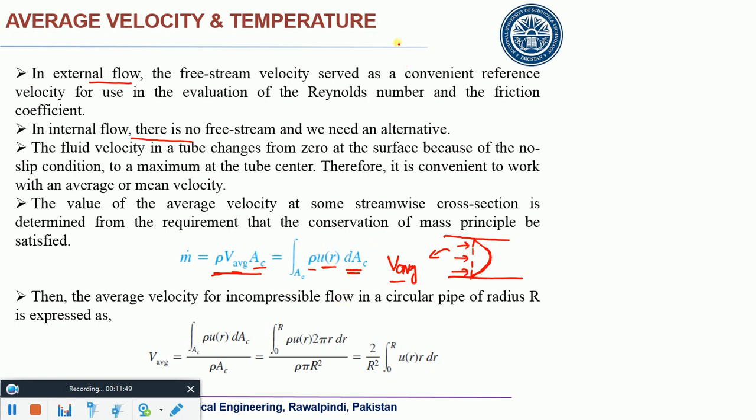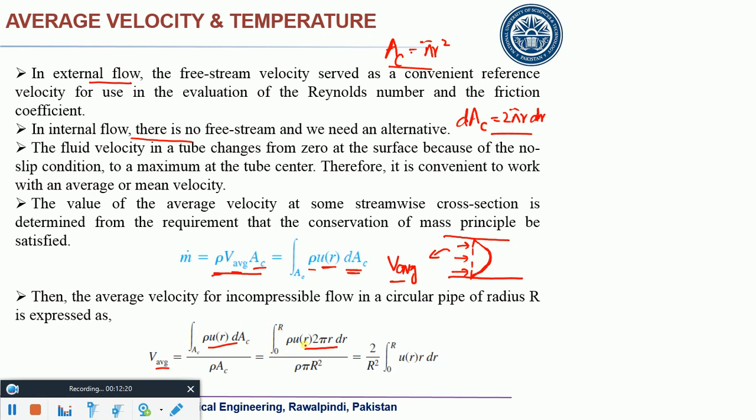And how can you write this Ac? Ac is equal to what? Pi r square. So what would be dAc? You just take the differential, this would be equal to 2 pi r dr. So you just replace it over there, and I am just saying this relationship is only for circular pipes. If you take this rho Ac in the denominator, V average would be equal to the integral of rho u(r) dAc over rho Ac.